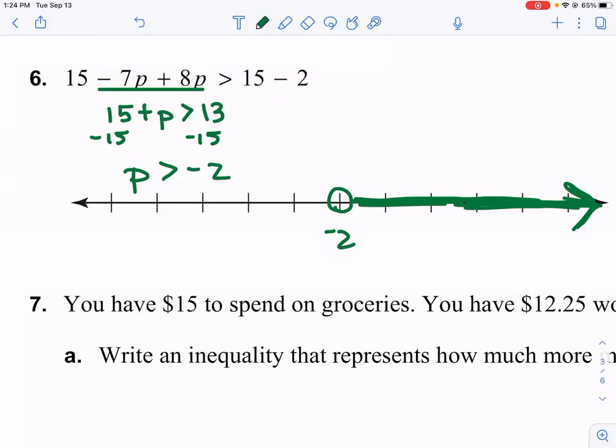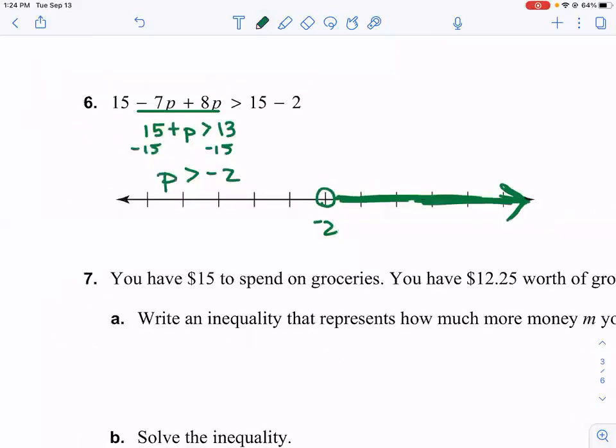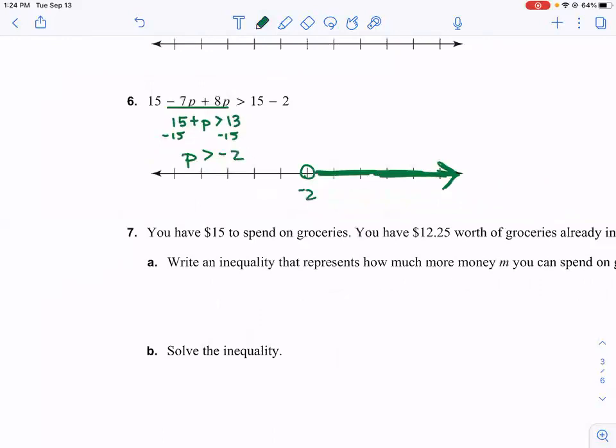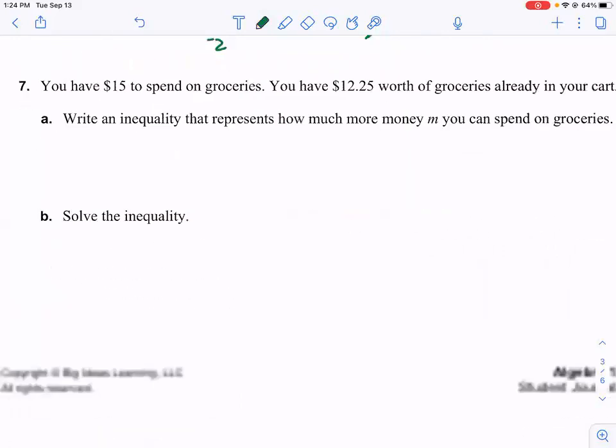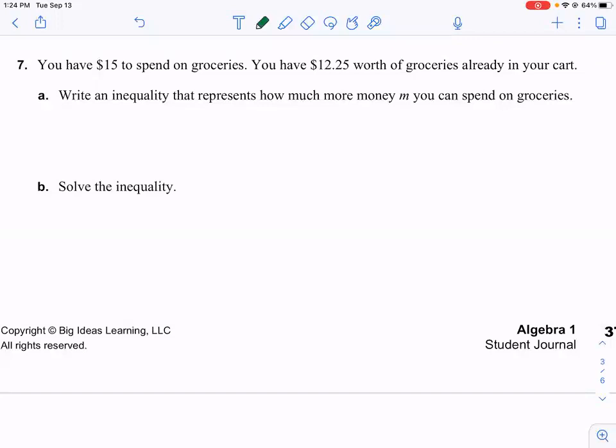Okay, so now I want you to read through number 7. Raise your hand if you have an idea of how we can write this inequality. Great. 15 minus 12.25.